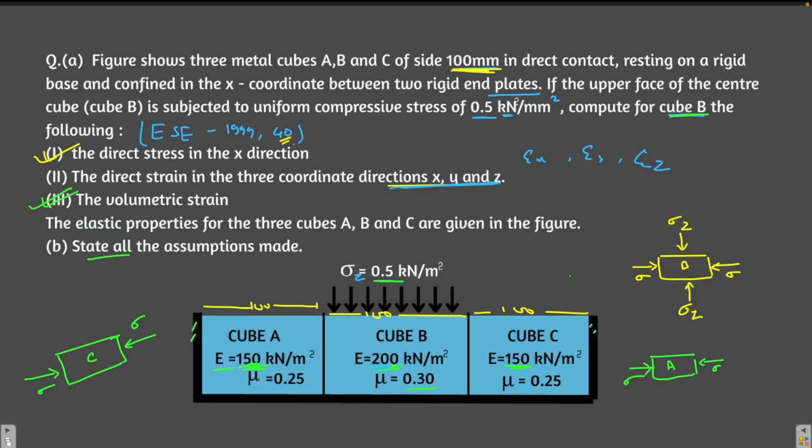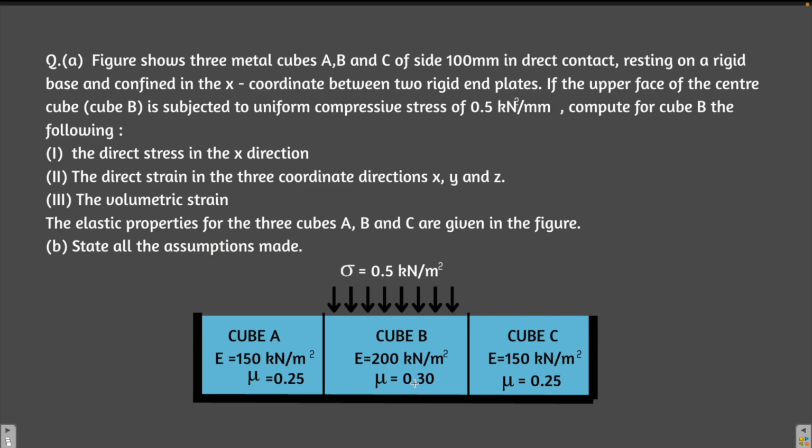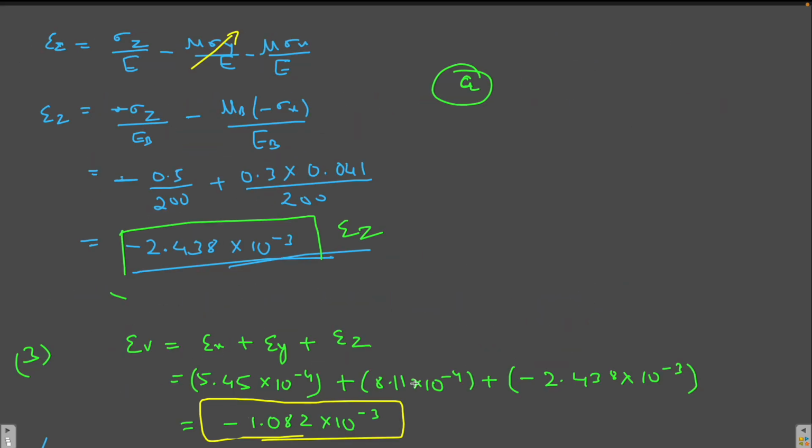Part B says to state all the assumptions made. So whatever assumptions we have taken, we have to state that. Even if you just put 1 or 2 assumptions, it is fine. So what are the assumptions? You might not know, but unknowingly you have put all the assumptions, and you must be wondering what assumptions we have made here.